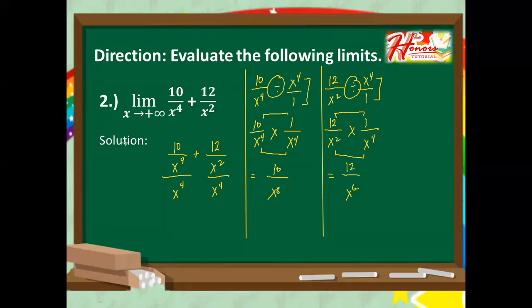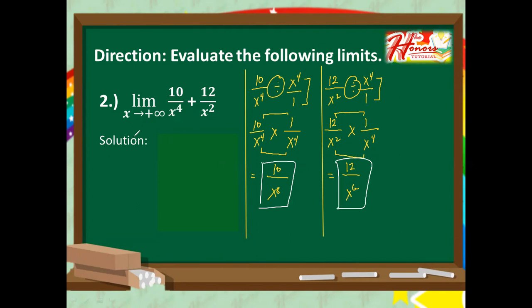Let's continue. So now, we have 10 over x raised to 8 plus 12 over x raised to 6. We cannot simplify it anymore because 10 is a constant while x raised to 8 is a variable.